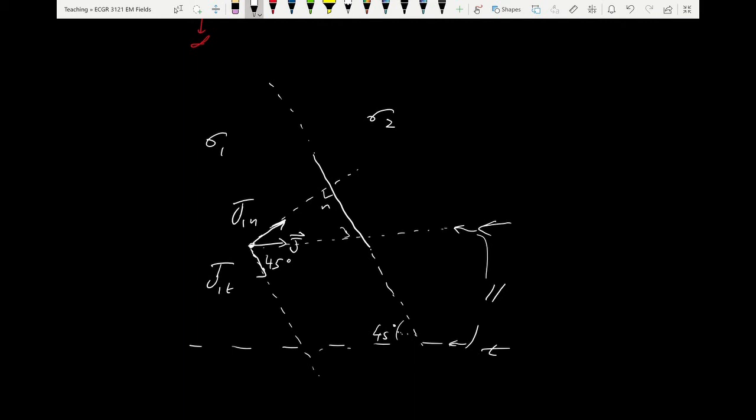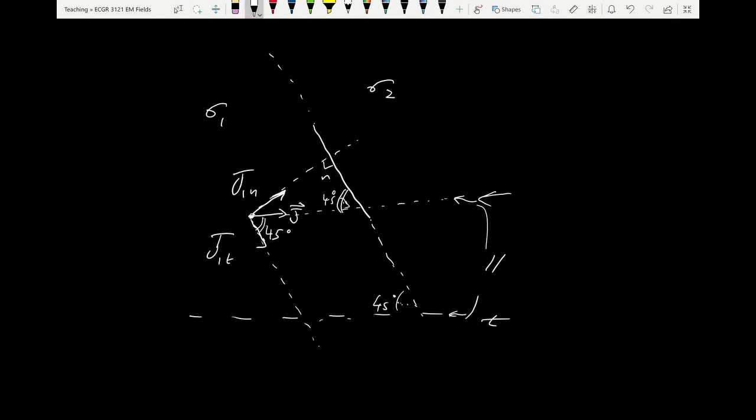This follows from Euclidean geometry. So this angle should be 45 degrees. But this angle should be equal to this angle, again from Euclidean geometry. So we established the fact that this angle should be 45 degrees.